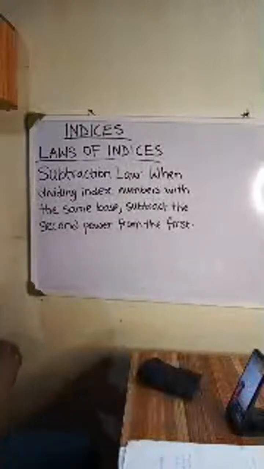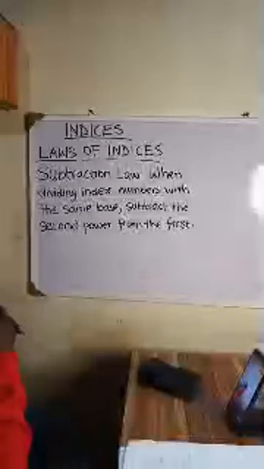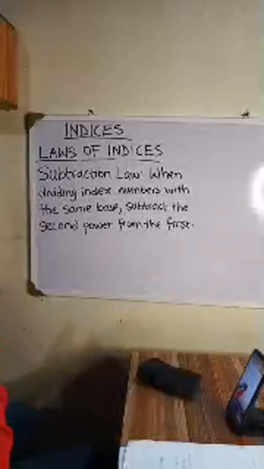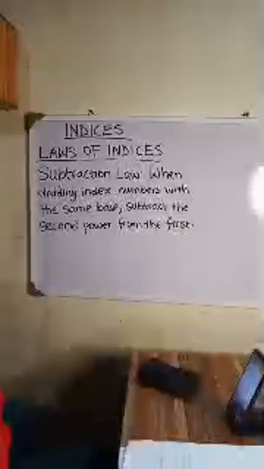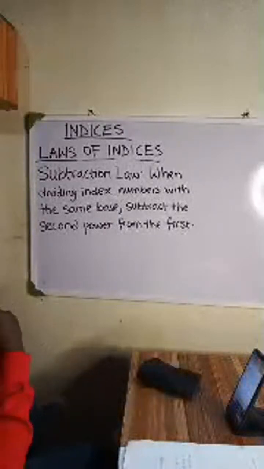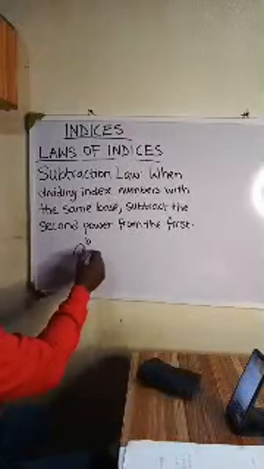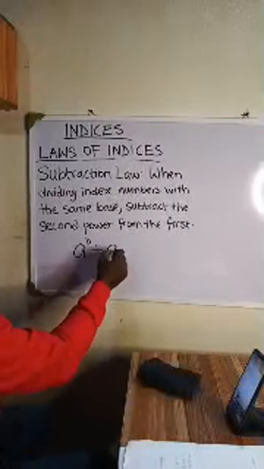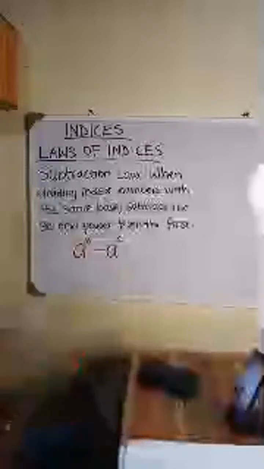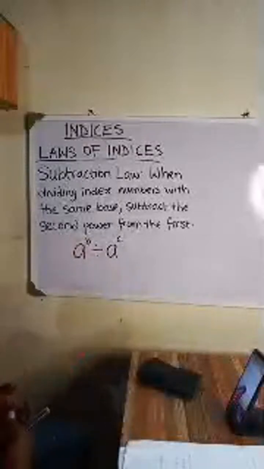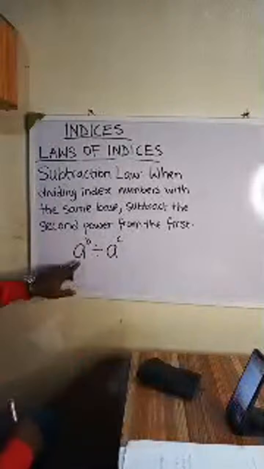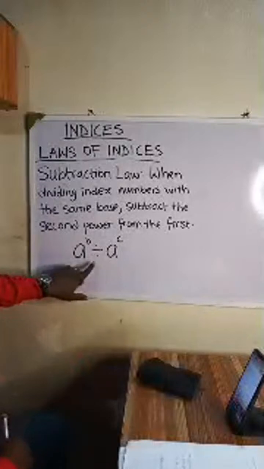Okay, so this is what the law simply states. When you are dividing index numbers with the same base, subtract the second power from the first. So if you have a to the power of b divided by a to the power of c, we can see that the bases are the same.